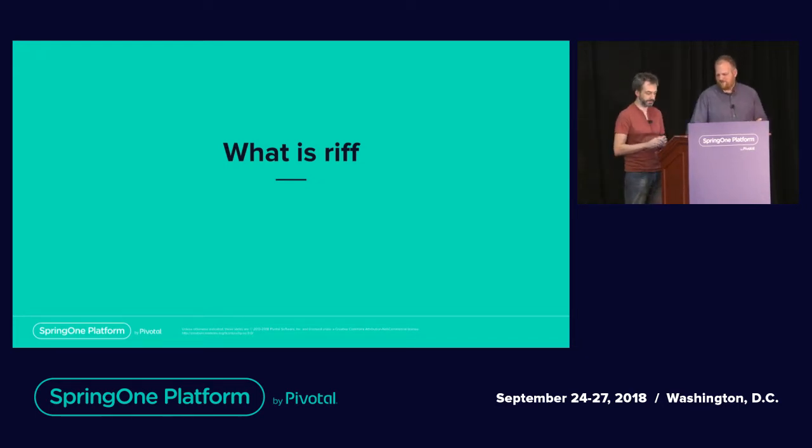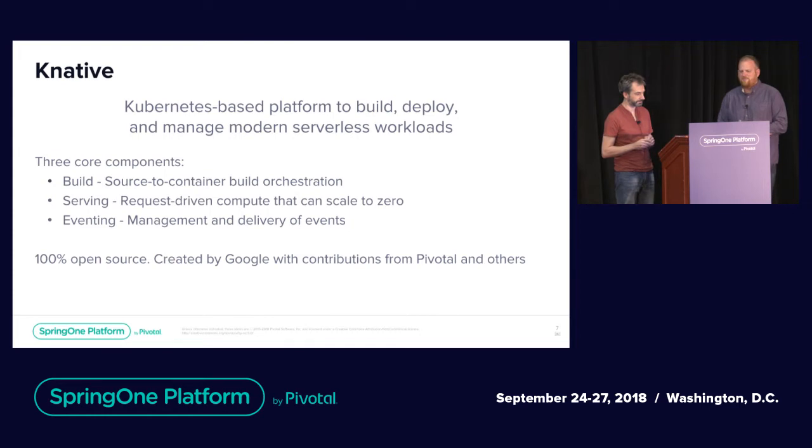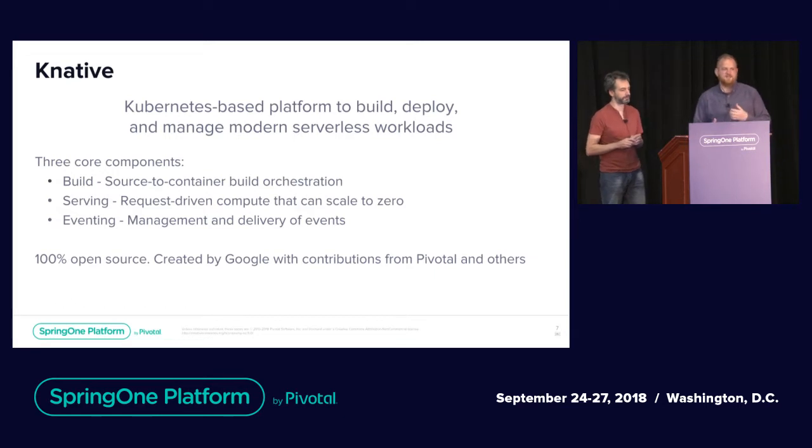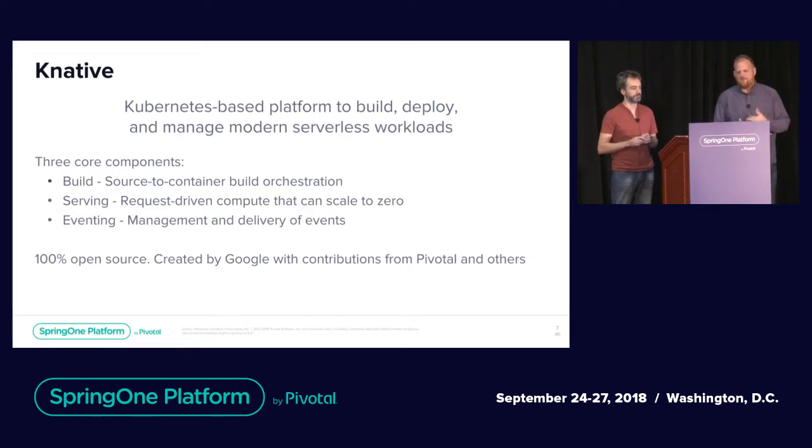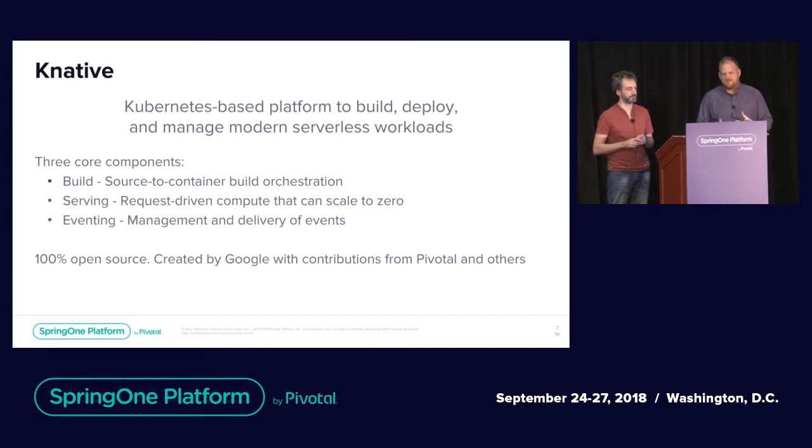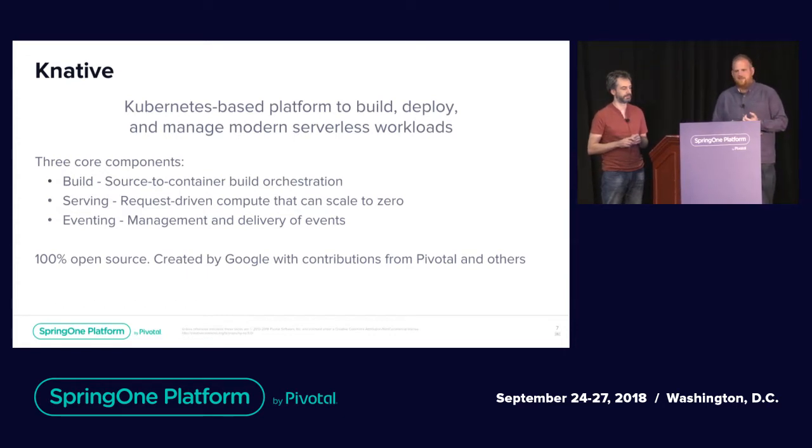So what is Riff? Before we can really talk about Riff, we should take a moment and talk about Knative. Knative is a Kubernetes-based platform to deploy, build, and manage modern serverless workloads. What that really means is that there are three different components. There's build, to take source. There's serving, that basically manages requests and scaling.